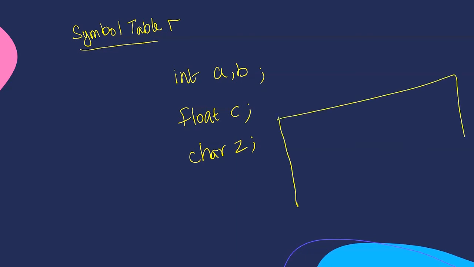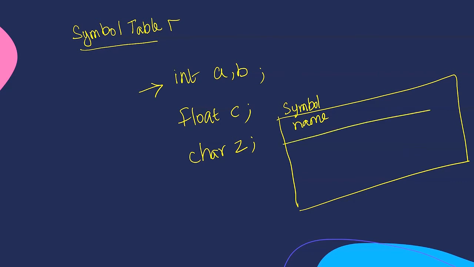First, it is like a data structure. First, the symbol name will be provided. So what is the symbol name? The first one, a, is the symbol name. Next, what is its type? What is its data type? Integer, int.